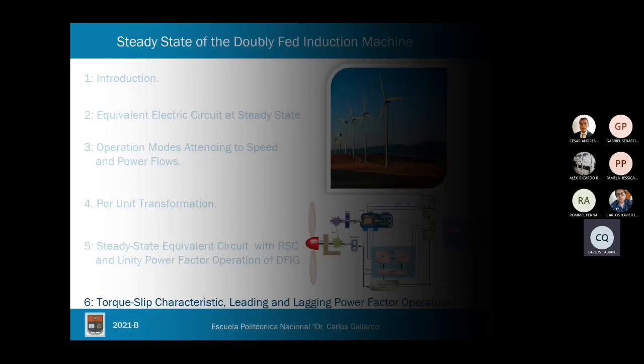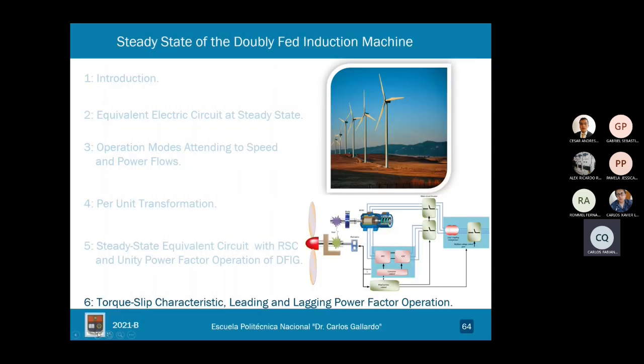Okay, so in the previous part, we were working in the unity power factor operation. Besides, we have already derived the steady state equivalent circuit with the rotor side converter. For the last part, what is missing is to analyze the torque slip characteristic.